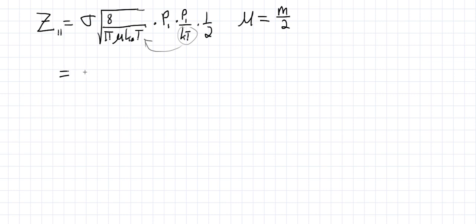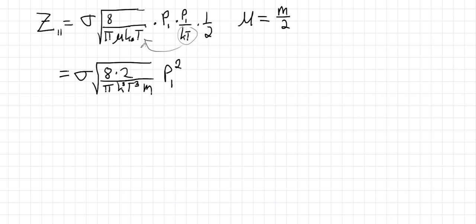Let's say that this is the collision cross section. We have 8 pi KT cubed, because we have the original KT and then we're moving this inside the square root. We have the mass divided by 2 is equal to the reduced mass. We've got the pressure, the partial pressure of gas 1 squared, and then we can move this 2 into the square root. And we move that in, it's going to be a 4. So we can cancel this 4 with the 8 to give 2.